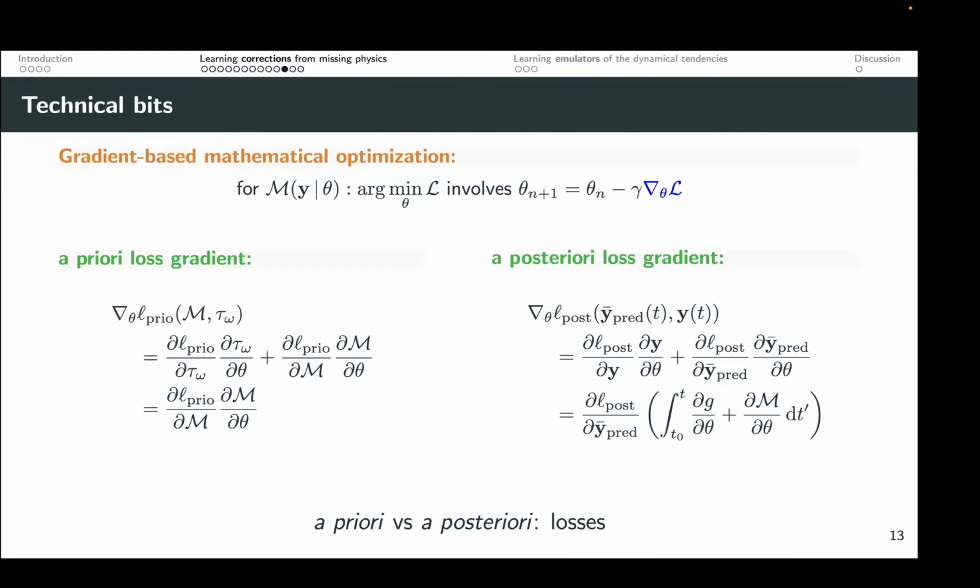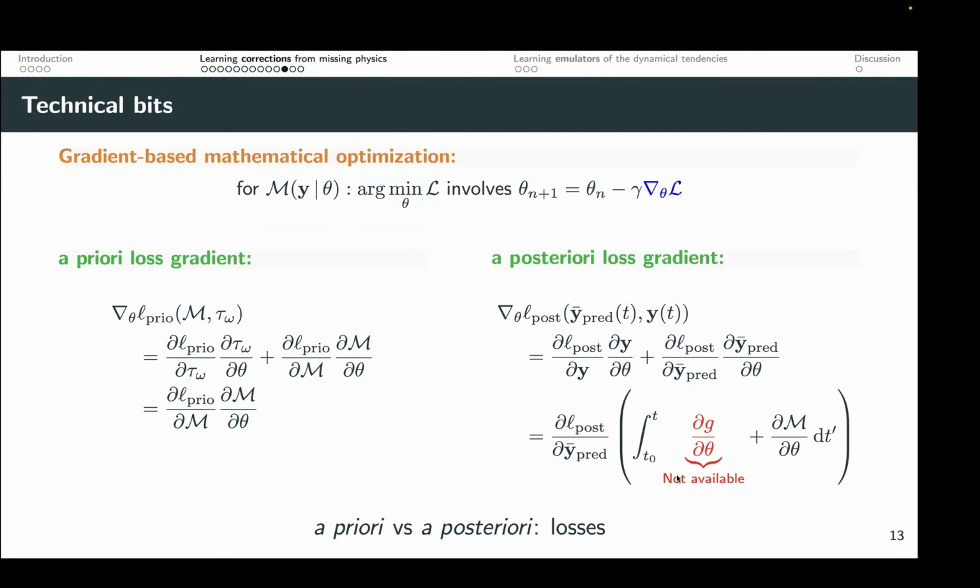Okay, let me take just a bit of details. To make this possible, we need to do a gradient descent to learn our model. And if you're doing the a posteriori approach, you basically need to differentiate through the solver, and this quantity is often not available.